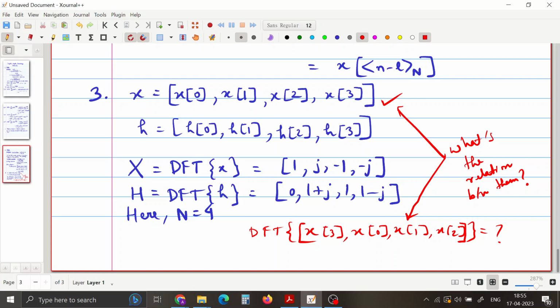Similarly, x of 1 goes to the third place, x of 2 moves from third place to fourth place, and x of 3 moves from last place to the first place. So that's a cyclic shift.